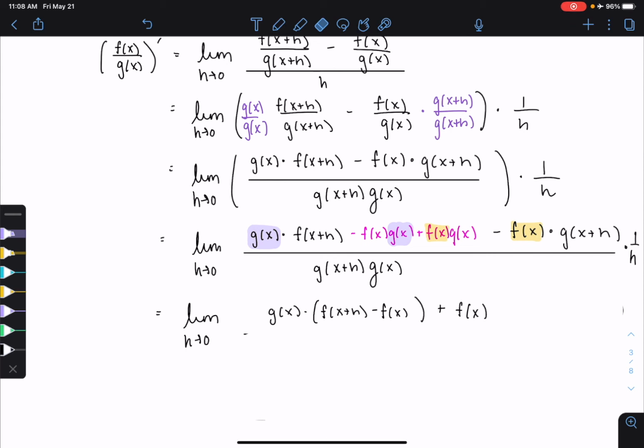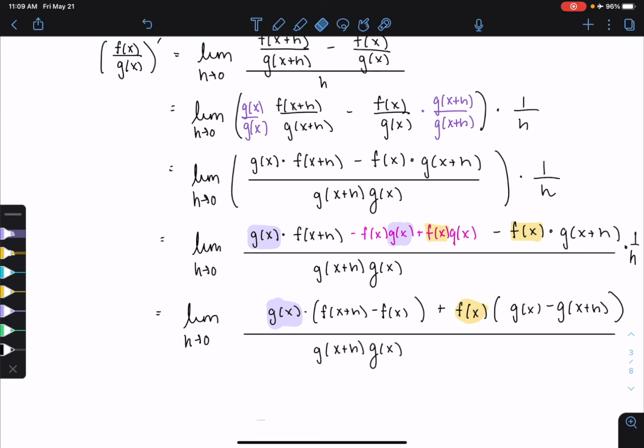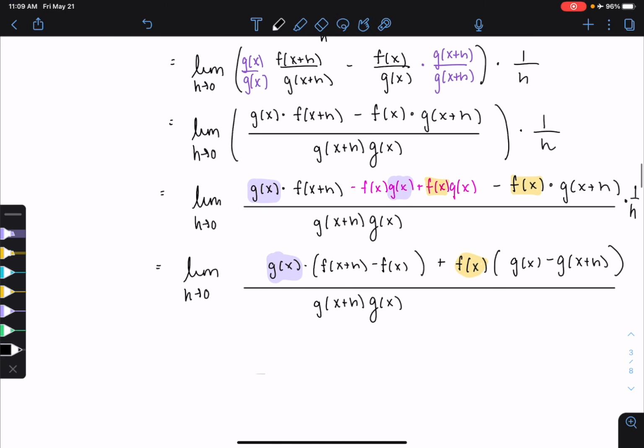Then I'm going to take this f of x out. And what we're left with is g of x plus h minus g of x. And then this whole thing is divided by g of x plus h times g of x. And then off to the side, we also have that 1 over h. Okay.